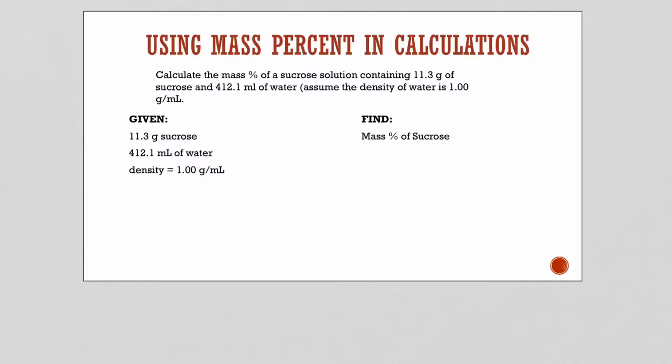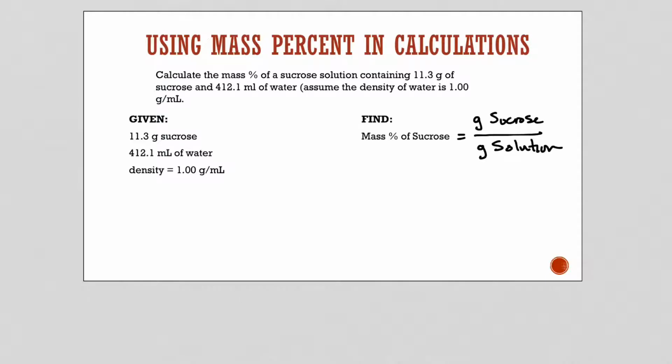Okay? So let's think about what we have here. So the first thing is, right, our mass percent, if we want to know what we need to have, that's going to equal our grams of sucrose divided by our grams of solution.